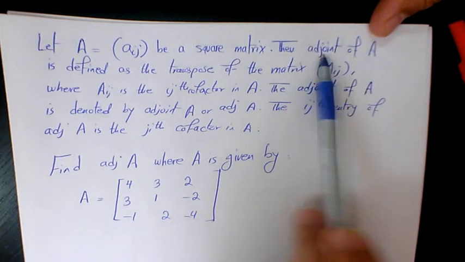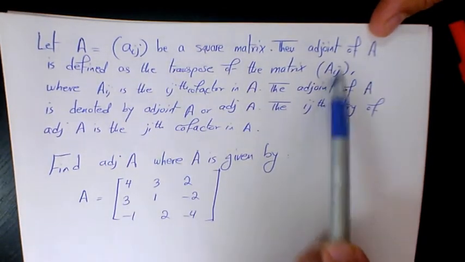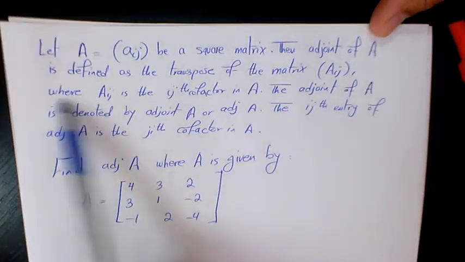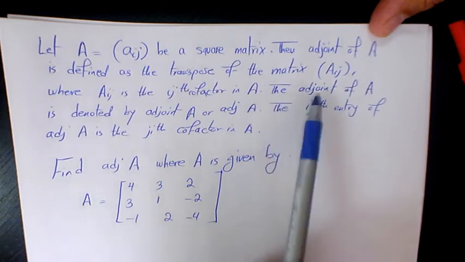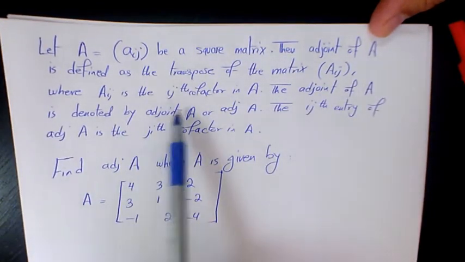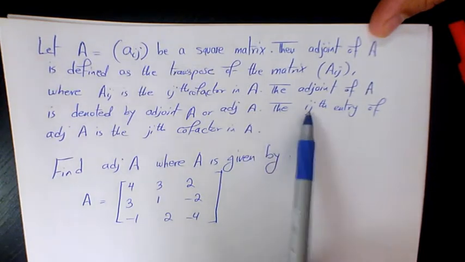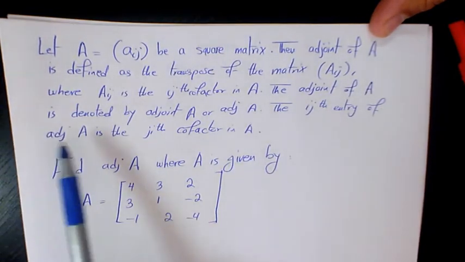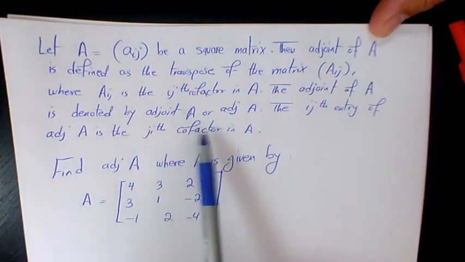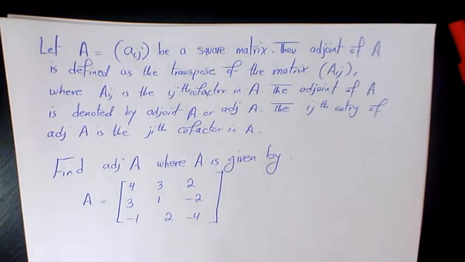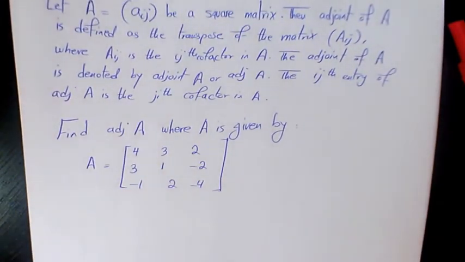Then the adjoint of A is defined as the transpose of the matrix of cofactors Aij, where Aij is the ijth cofactor in A. The adjoint of A is denoted by adjoint A or adj A. The ijth entry of adj A is the jith cofactor in A. Let's find out an example. That's going to be easier if you do it through an example.